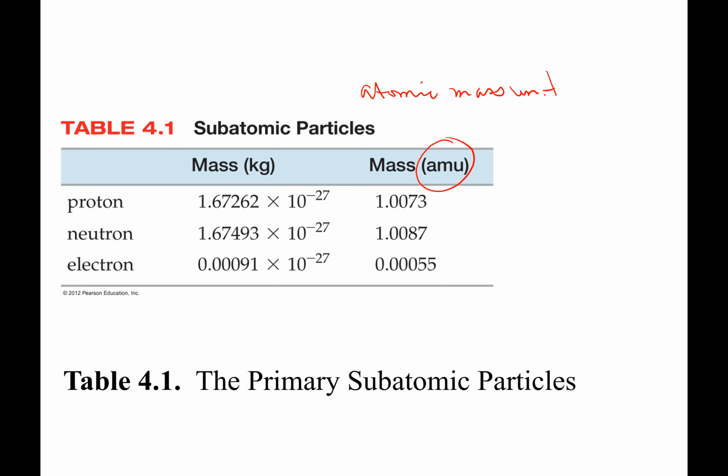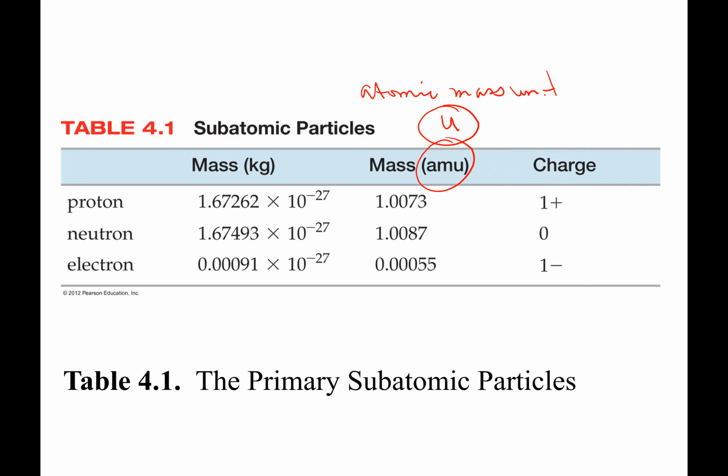I think Tro still does it old-timey, like me. But if you see just the letter u, that could be atomic mass units also. You can see the electron is what we call massless, generally speaking.